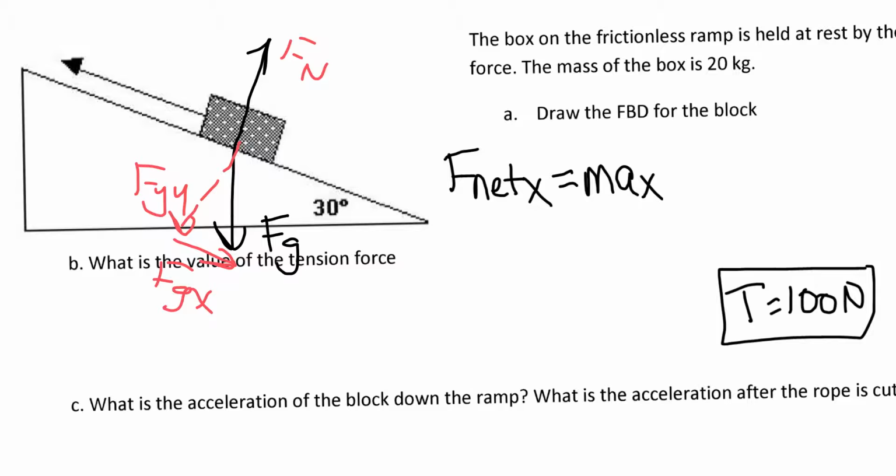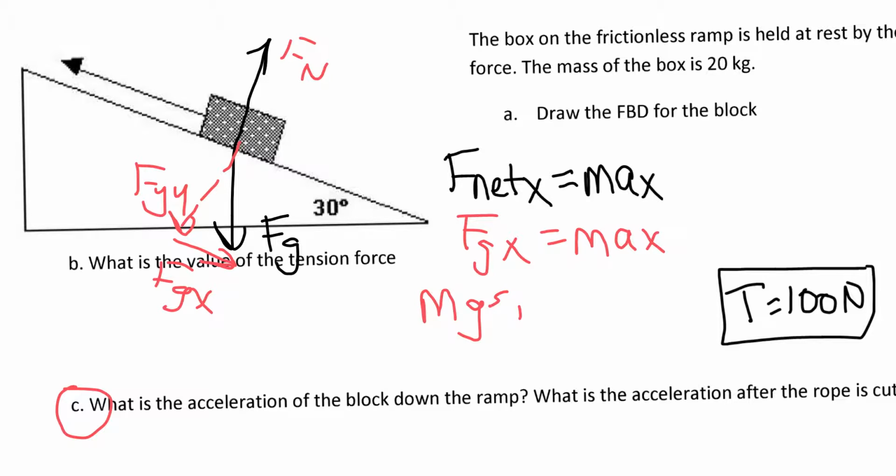Again, we're solving for problem C here. So I do my F net. The only force I have there is Fgx equals max. We said Fgx is mg sine theta equals max. Here's an interesting thing. If I divide both sides by m, mass cancels out.